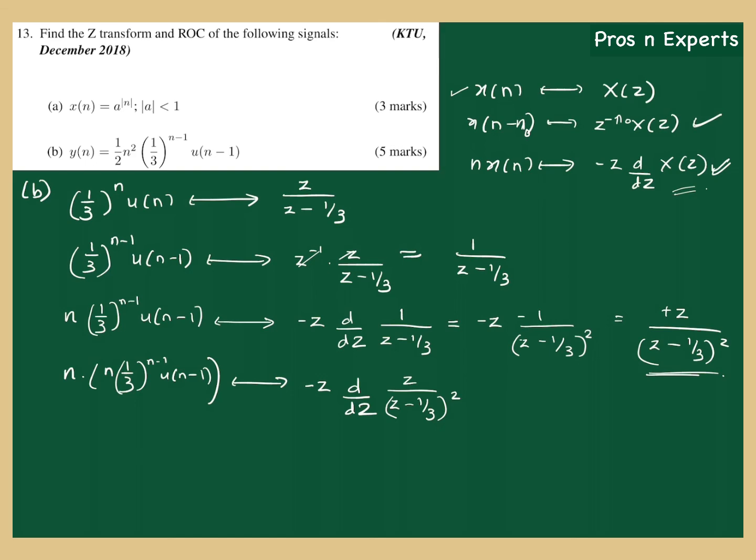It is equal to, I can elaborate it, minus z into denominator into differential of numerator minus numerator into differential of denominator. It is 2 into (z minus 1 by 3) to the power 1. Okay, whole divided by the square of the denominator, (z minus 1 by 3) to the power 4.